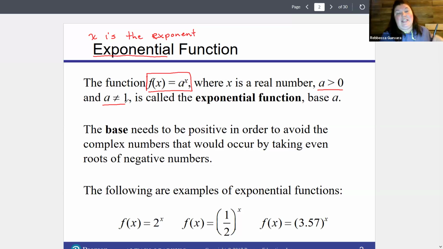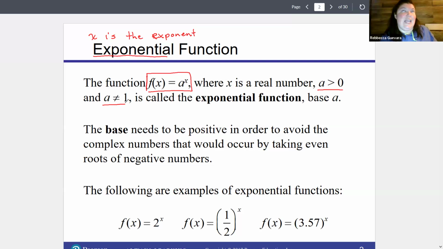We need to have a base that is positive in order to avoid complex numbers, because let's say our base was like -4, and then x is going along, x is 1, maybe 3, and then you have 4 or 2 or something like that. The problem with that is that we're trying to avoid negative roots.